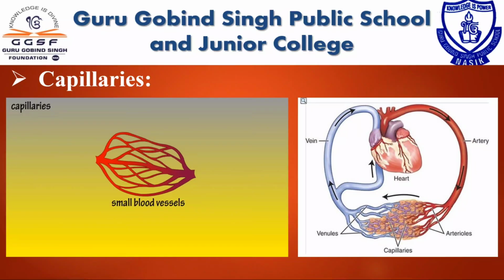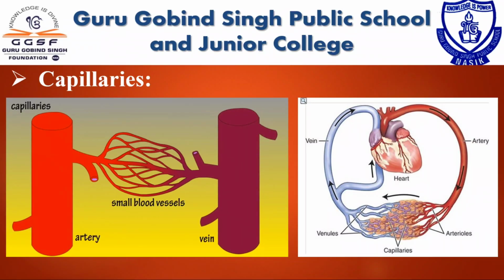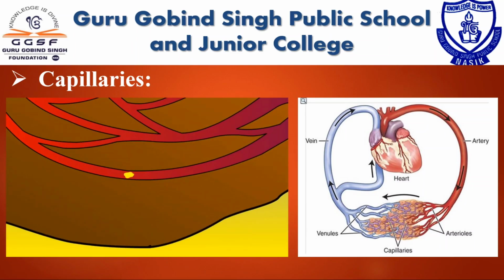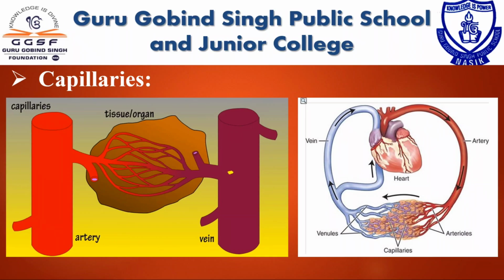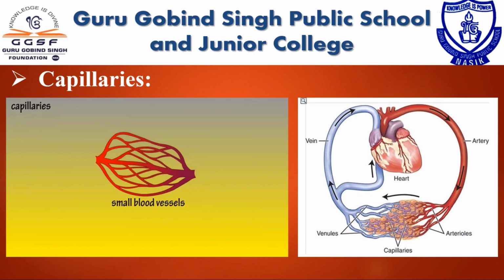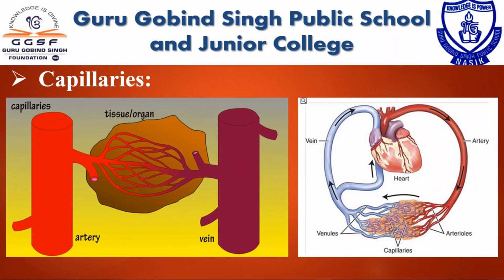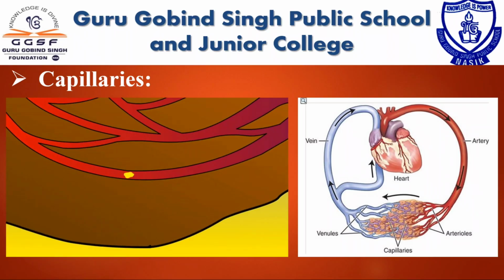Let's discuss capillaries. Arteries gradually branch out with a decrease in their diameter as they spread in the body and finally form hair-like vessels called capillaries. Their walls are extremely thin and made up of a single layer of cells.